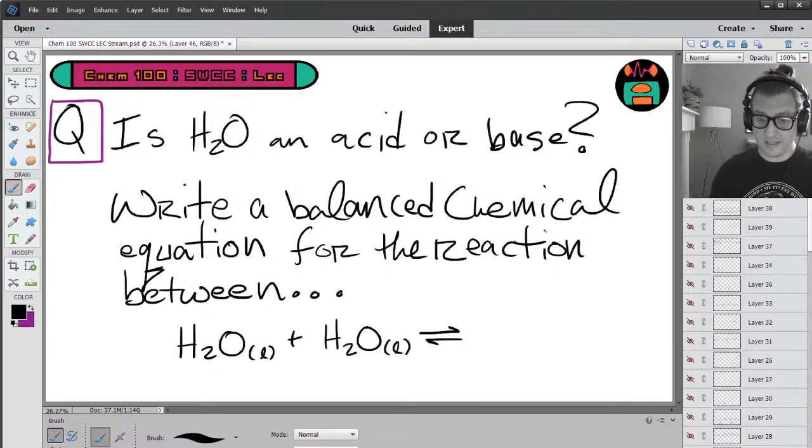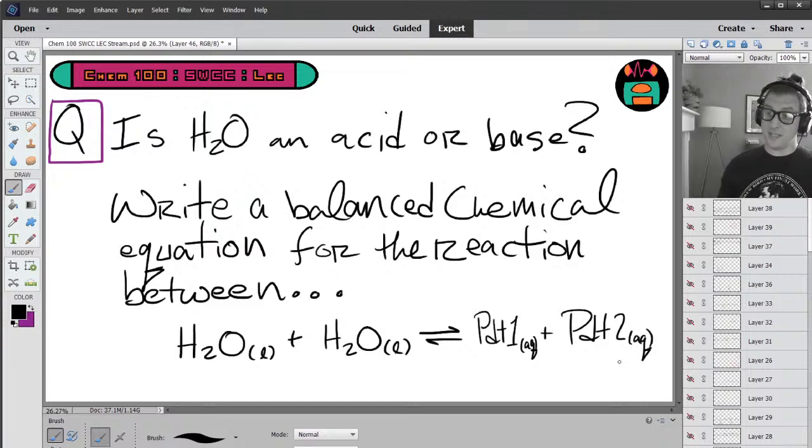Let me give you a couple hints. There's going to be two products. I call this product 1, which is aqueous. I'm going to call this product 2, which is also aqueous.